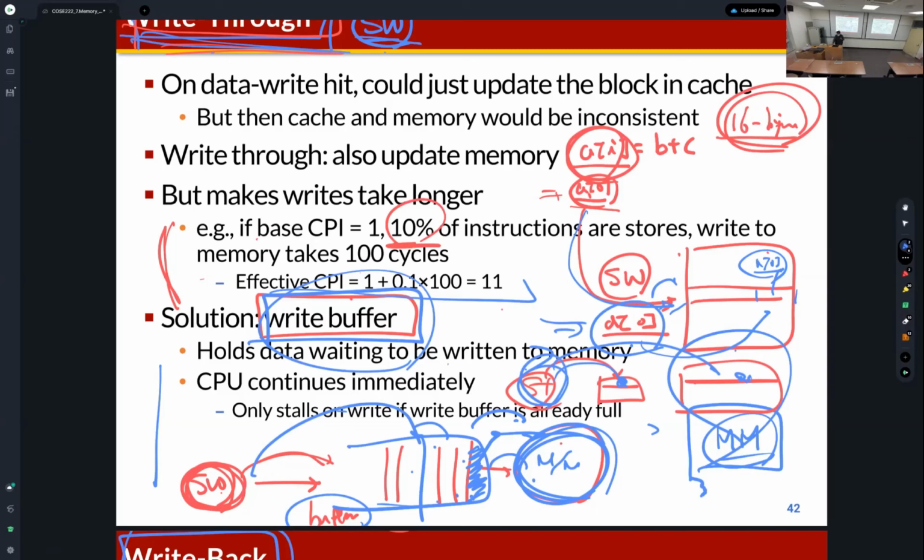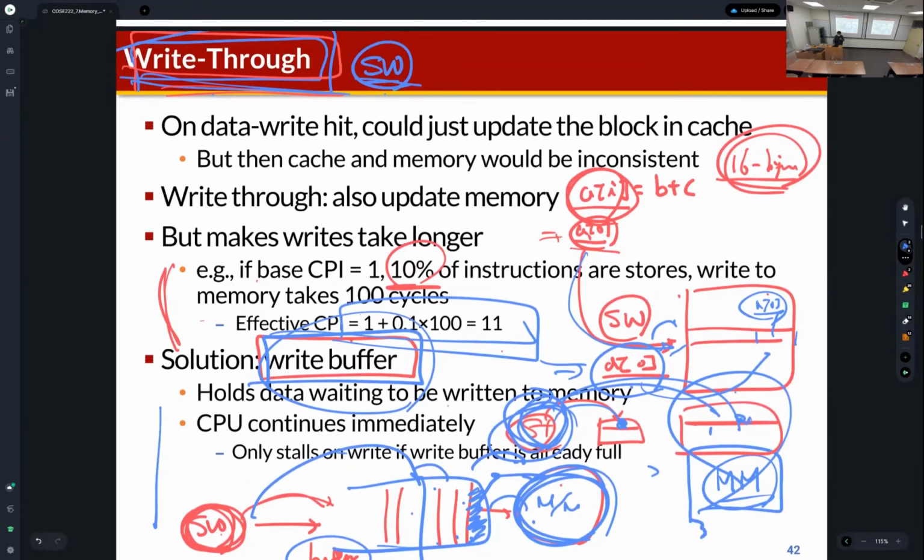The memory size is larger than the cache size, but memory is very, very slow. So with the store instruction, the processor needs to access slow main memory. We also calculated the effective CPI under this write through policy. In order to solve this issue, we can use a write buffer.